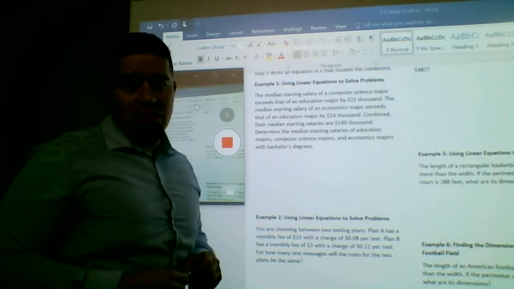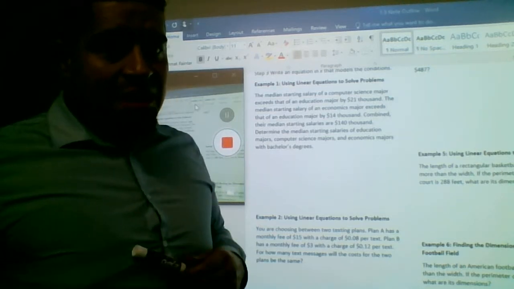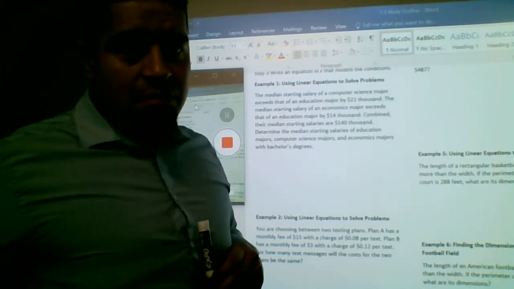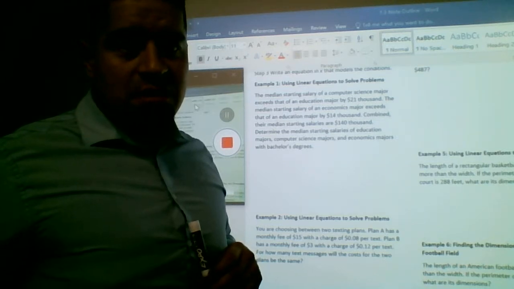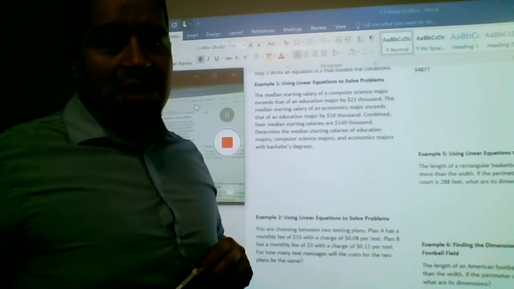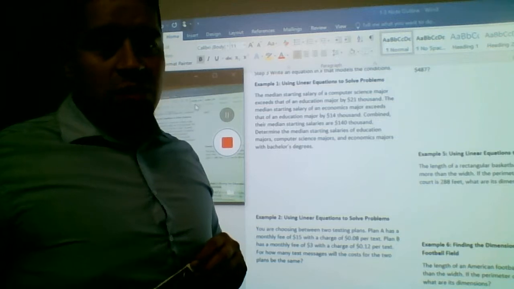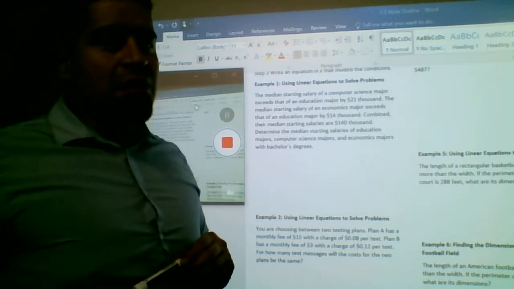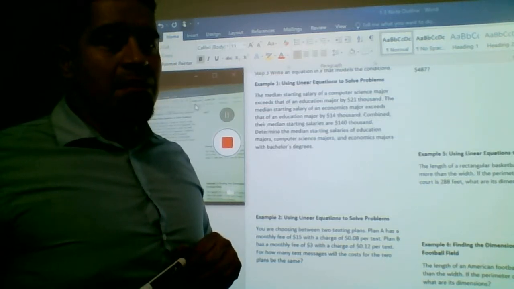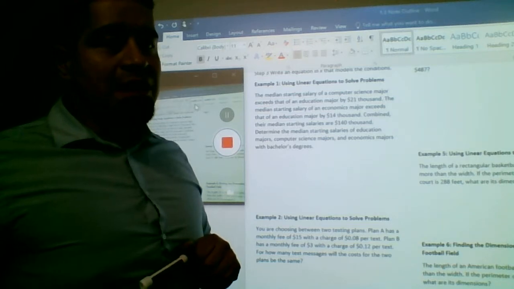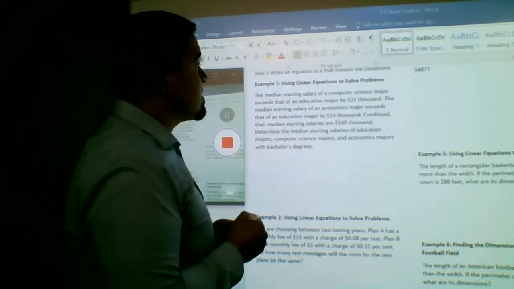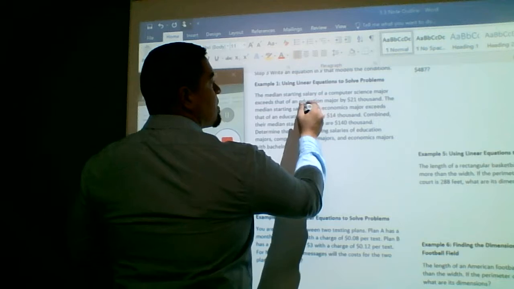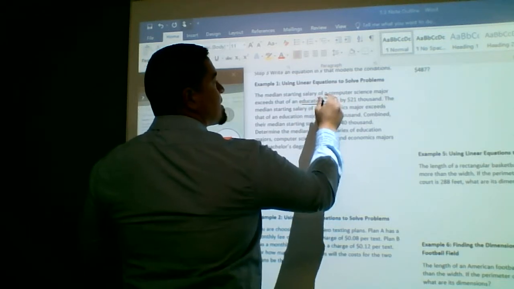Starting out, you're going to break it down sentence by sentence. We'll start with the median starting salary of a computer science major exceeds that of an education major by $21,000. Right now, the computer science major is defined by the education major's salary, so that's what we want to make our x.